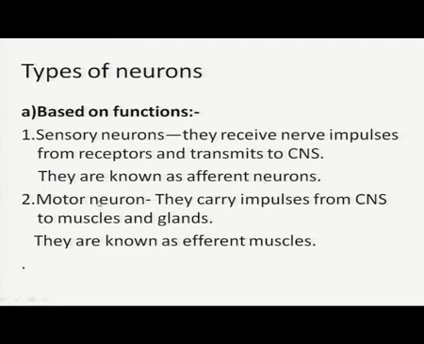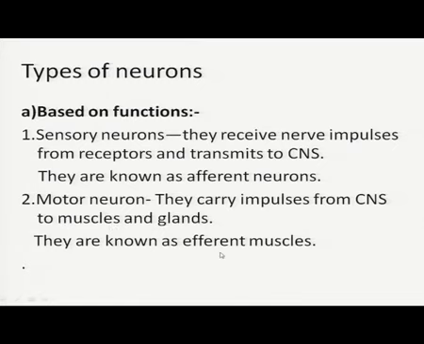The second category is known as motor neuron. They carry impulses from the central nervous system to muscles and glands, peripheral glands. From the central nervous system, they are carrying the impulses to the muscles or even glands.